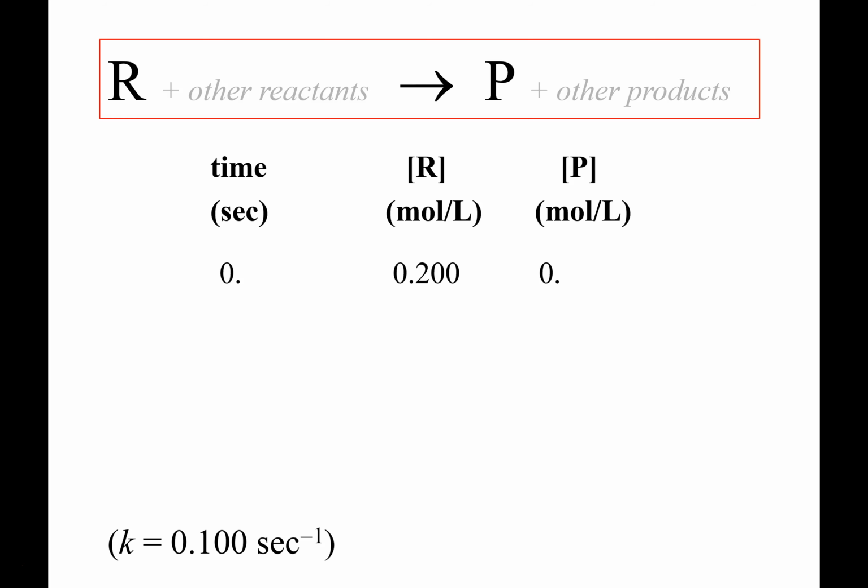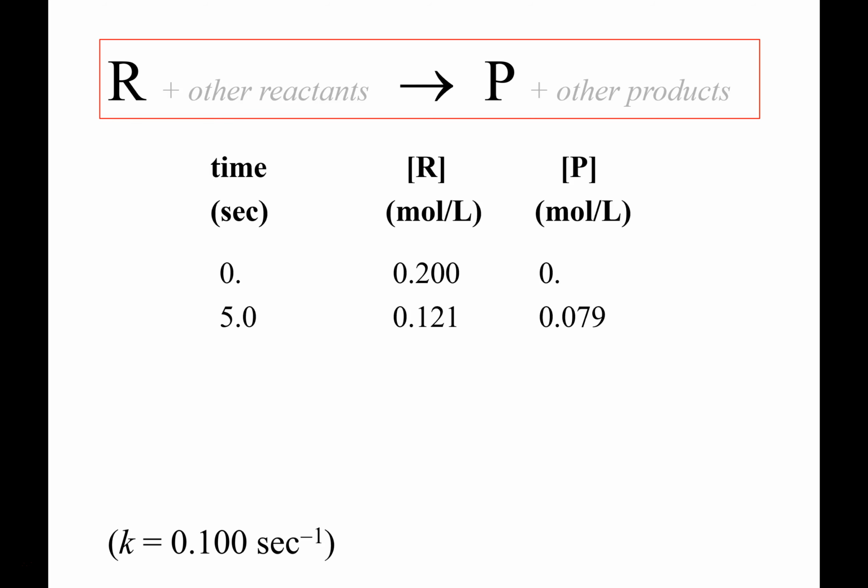And actually, you're going to see this on a graph in a minute. So at time 0, before you mix the reactants, or before something starts decomposing, you're at 0.2 moles per liter, no product. 5 seconds in, some of your reactant has decomposed.